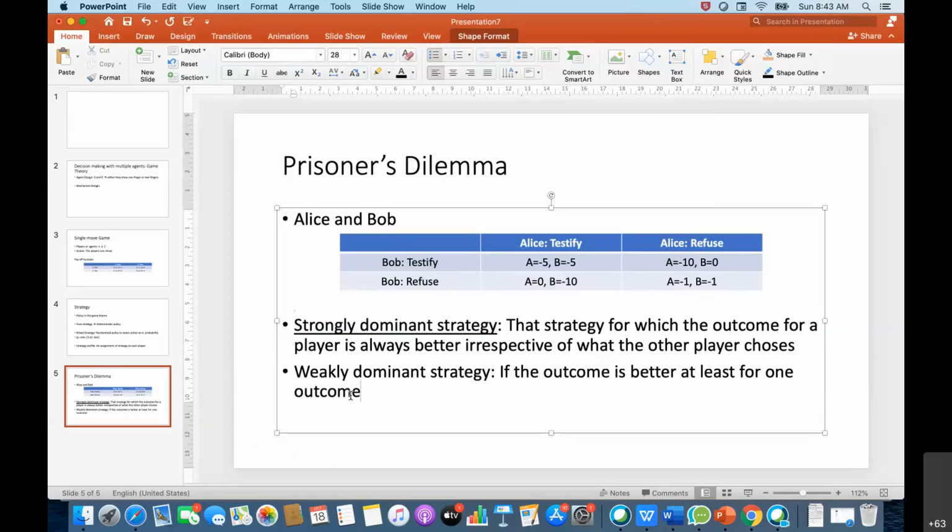So this is called weakly dominant strategy.